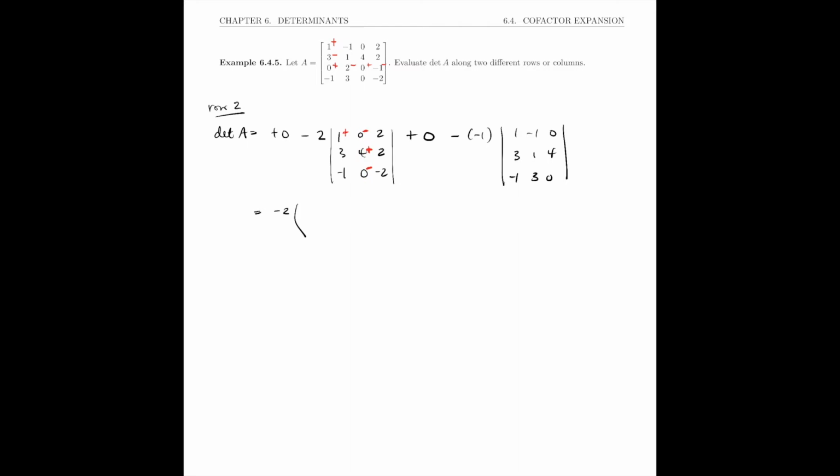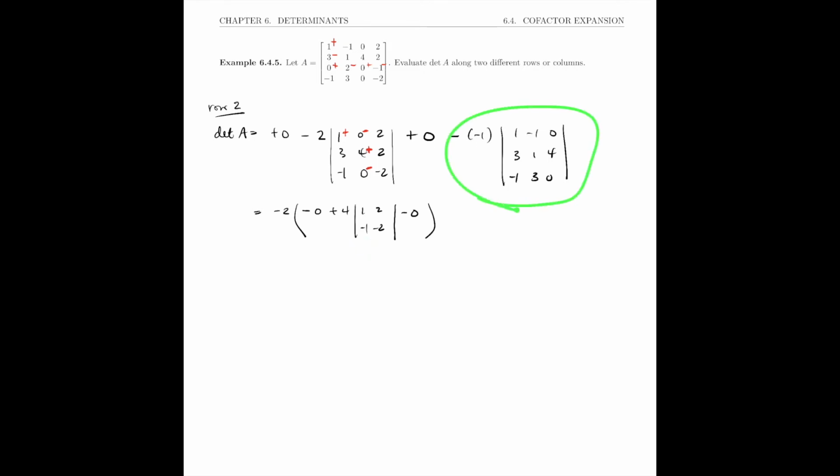So minus 0 times, again, I don't care what that minor is, plus 4 times the minor where I delete the row and entry of the 4. So 1, 2, minus 1, minus 2, and then lastly minus the 0, so minus 0 times some minor.